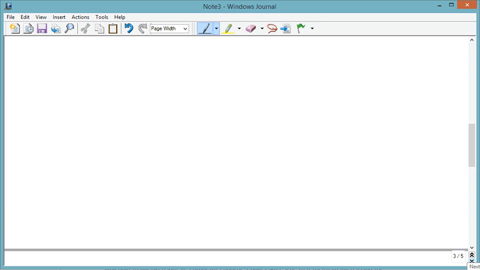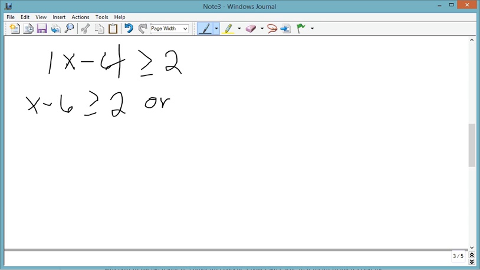Well, let's try one with greater than. So if I have the absolute value of x minus 6 is greater than or equal to 2, well, that means that either x minus 6 is greater than or equal to 2, or x minus 6 could be less than or equal to negative 2.